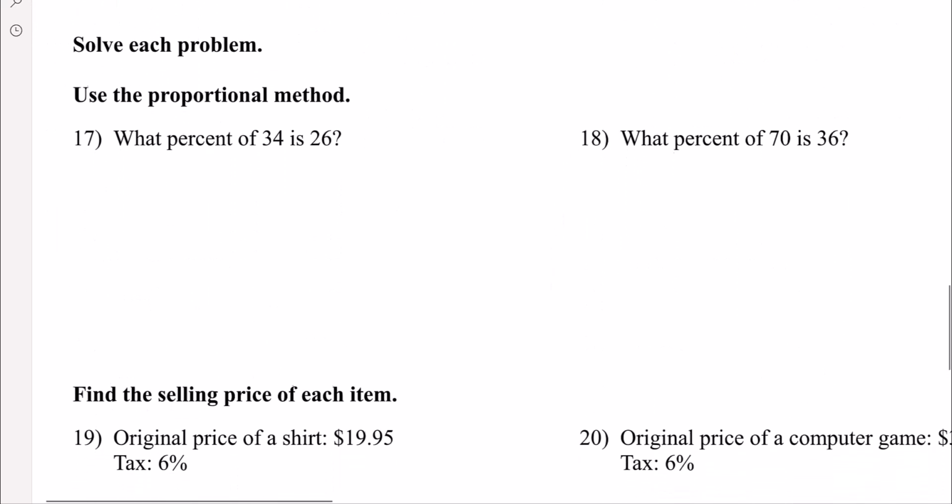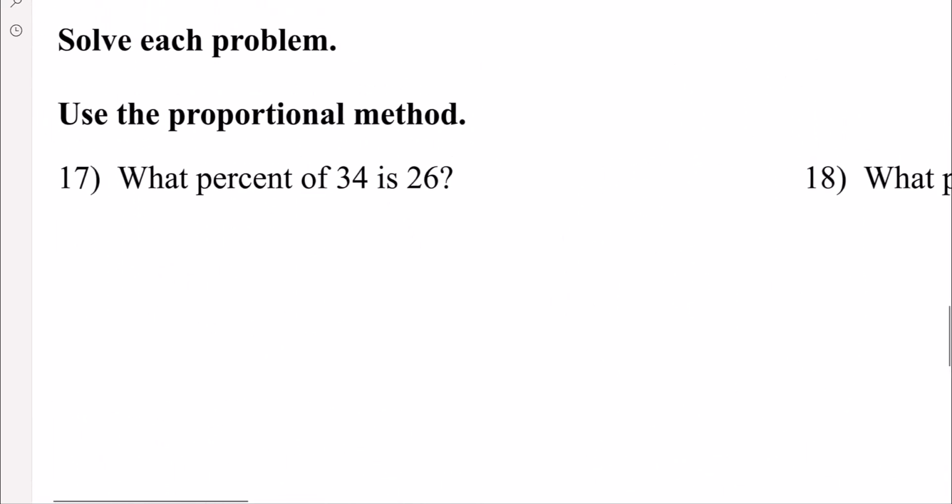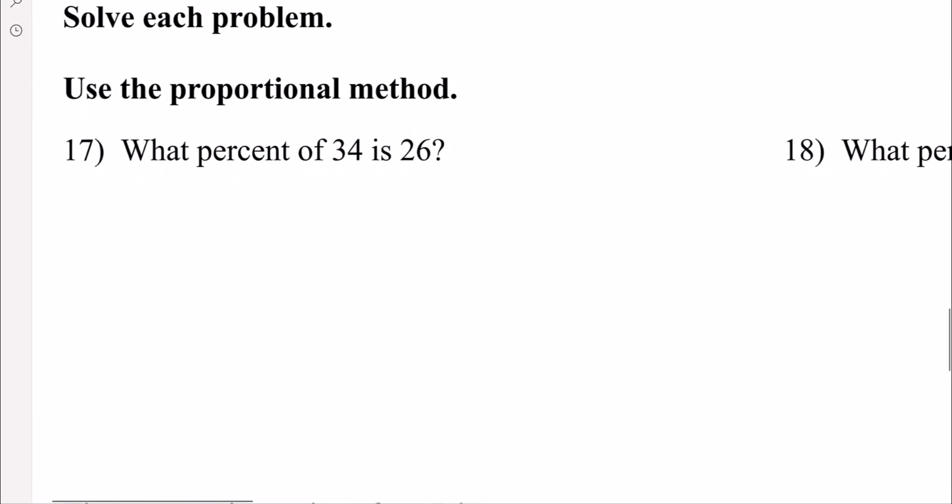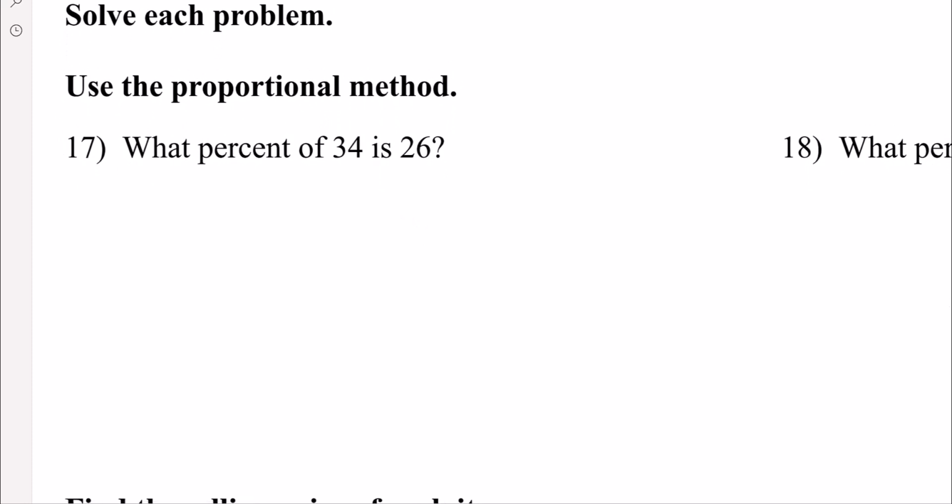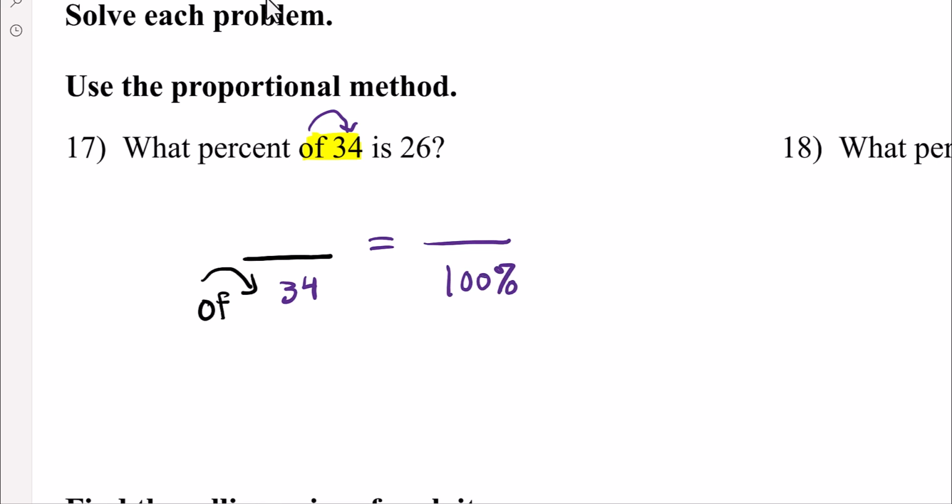All right. The proportional method in finding percents. Remember what I showed you. Put the of here and put a right arrow, because then when you see the word of, put a right arrow and you know, oh, 34 is what goes there. 100% will always go there.